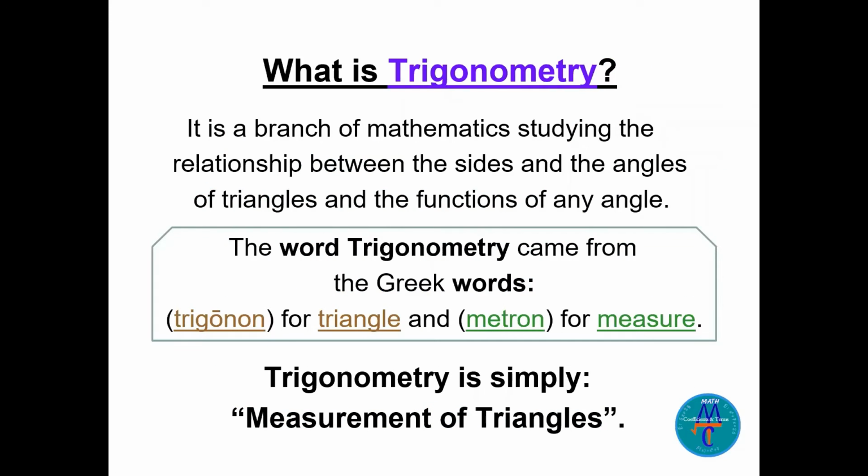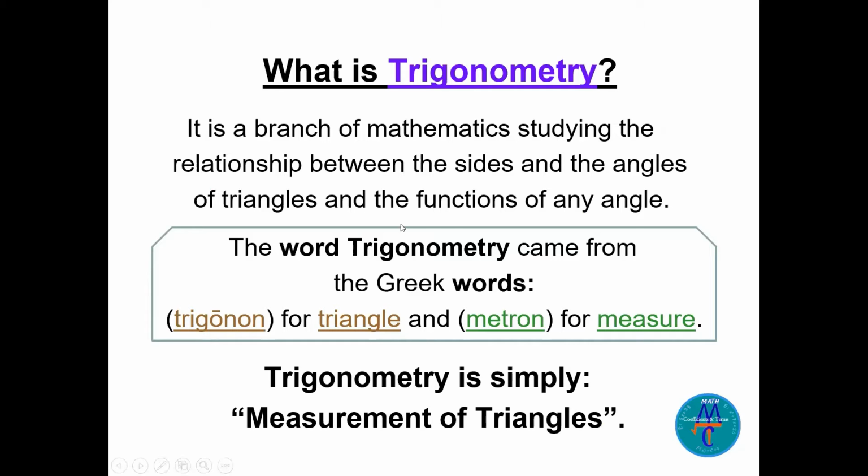What is trigonometry? Simply, it's a branch of mathematics studying the relationship between the sides and the angles of triangles and the functions of any angle. Because we can define, if you look in the lecture, 6 functions there: sine, cosine, tan, cotan, secant, and cosecant.